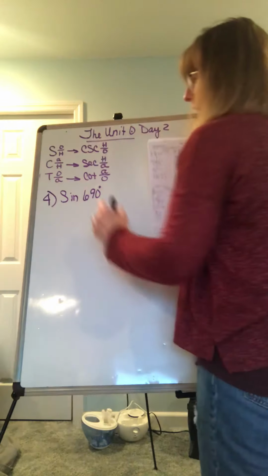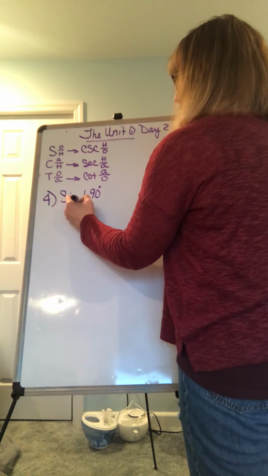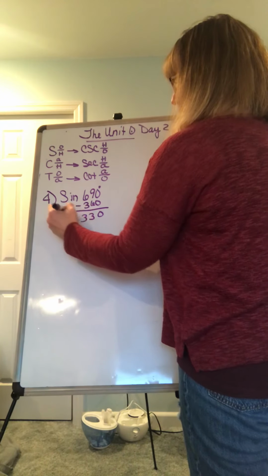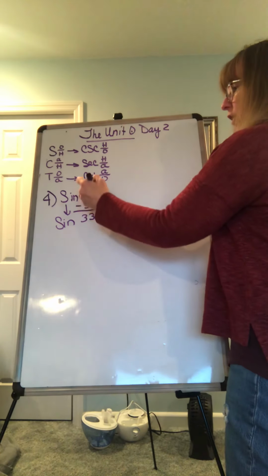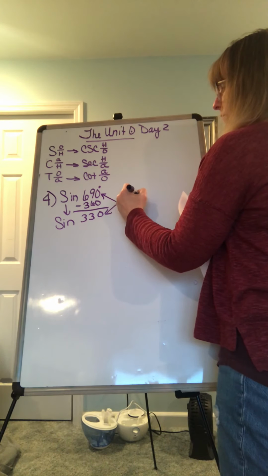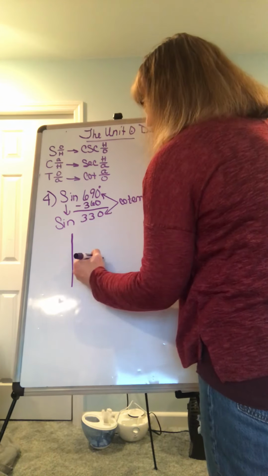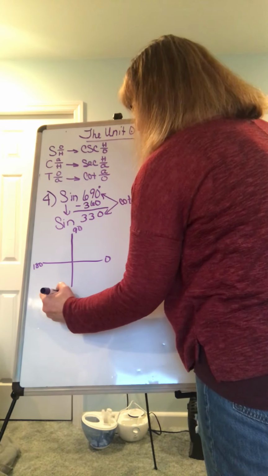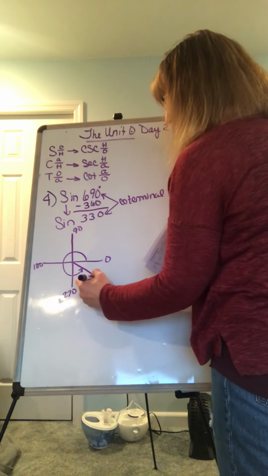Okay, way beyond 360. So if I subtract 360 from this, I get sine of 330. These two guys are coterminal angles. They land in the same place. So a 330 degree angle, if I draw this out, 0, 90, 180, 270, back to 360, I am almost at 360.